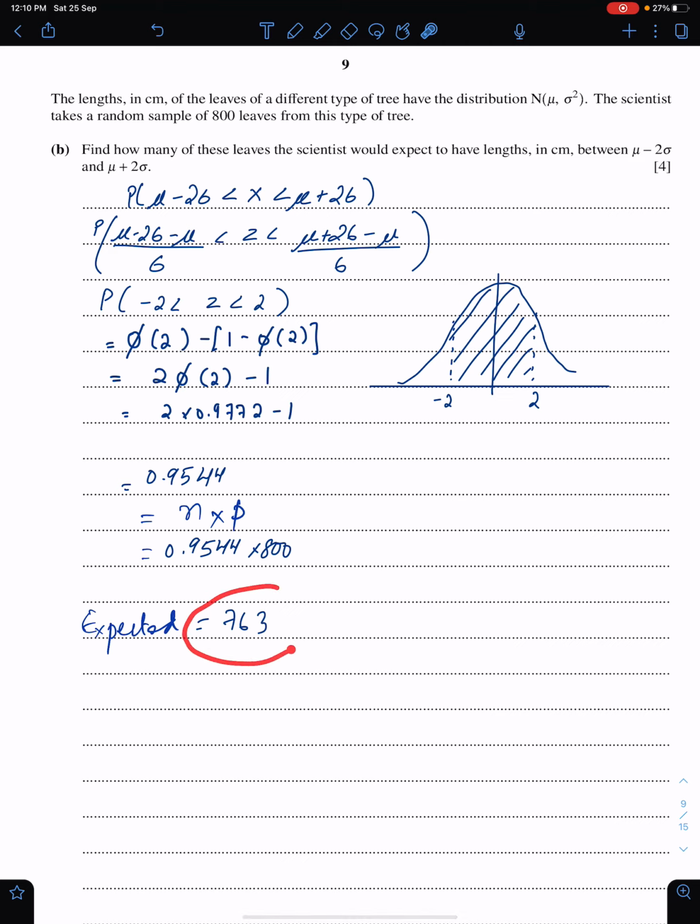Make sure you give your answer as a whole number. Never write 763.0 or 763.4. Always give a whole number, because leaves are a discrete quantity. Don't leave your answer in any other way. 763 as the final answer.